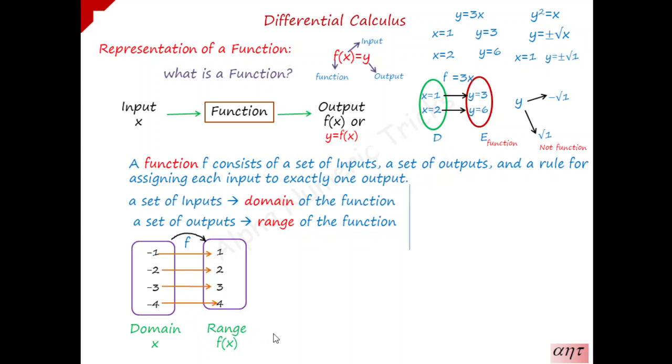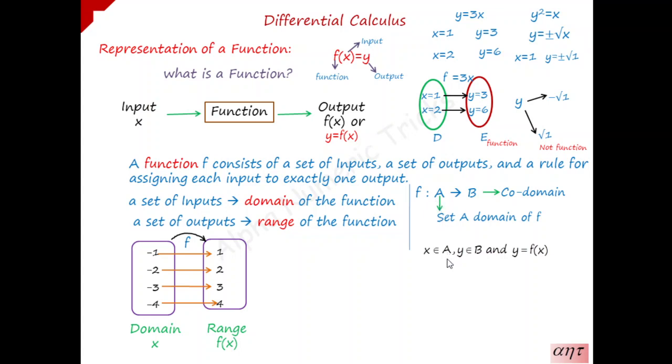Now we will see the set notation. Consider f is a mapping from set A to set B. Here A is called the domain of f, and B is called the codomain of the function f. Now consider the elements.